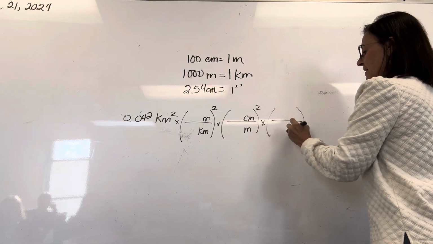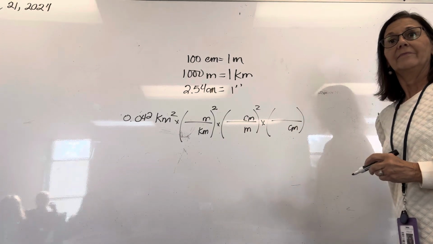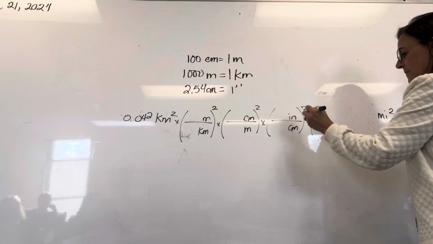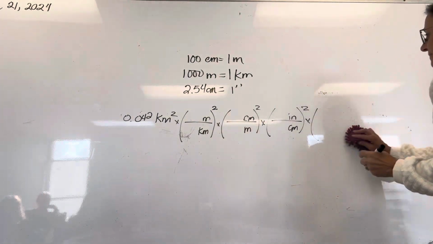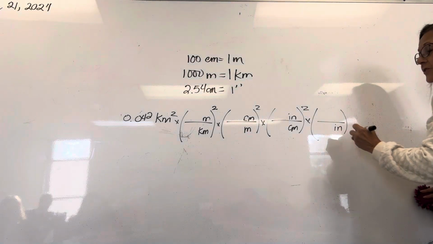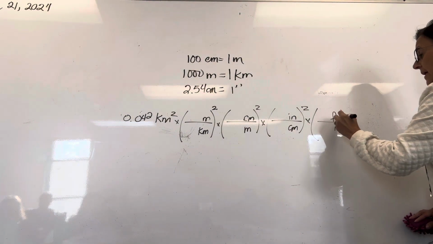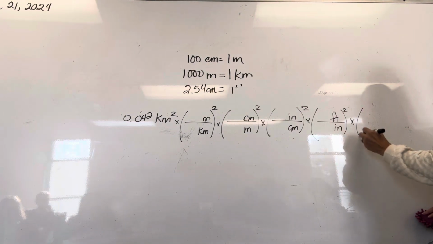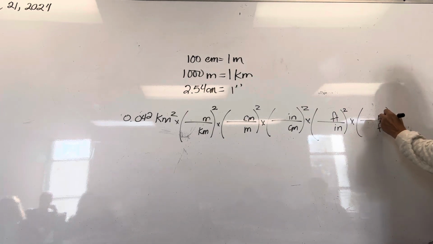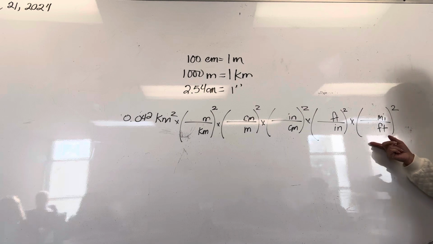Then we're going from centimeters to inches, and that has to be squared. Then we're going from inches to feet, and that has to be squared. Then we're going from feet to miles. And then we're at miles squared.